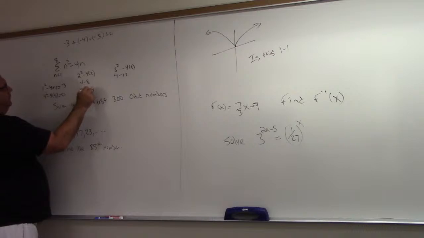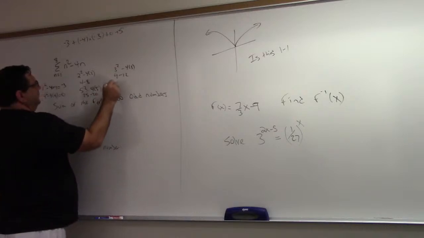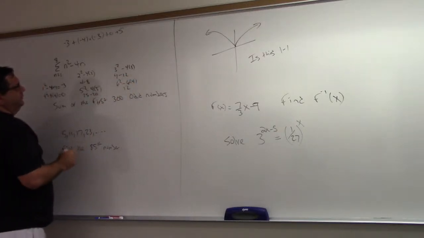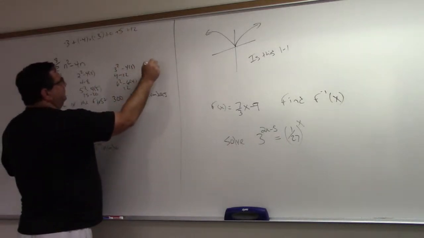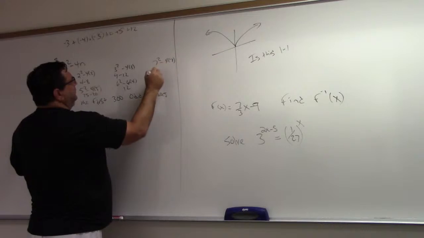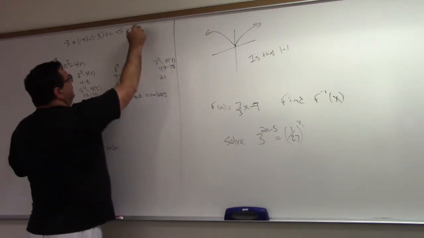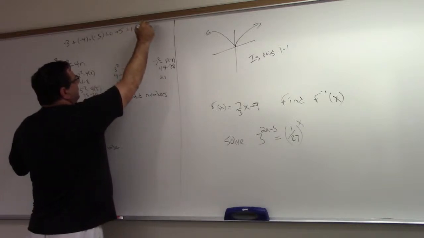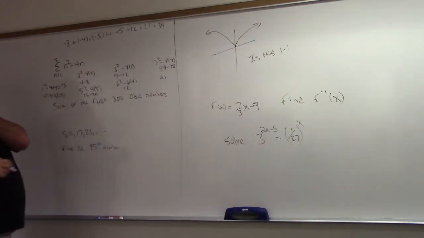5 squared minus 4 times 5, 25 minus 20 is 5. 6 squared minus 6 times 4 is 12, right? 7 squared minus 4 times 7, 49 minus 28 is 21. Last one will be 34, I believe.